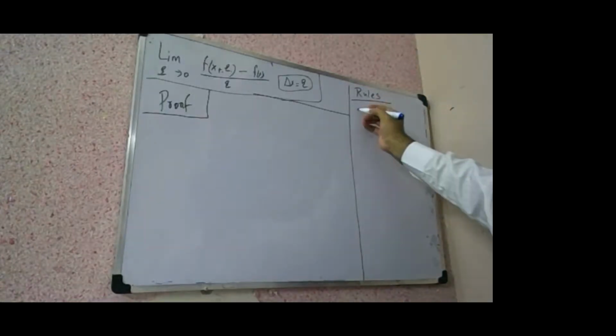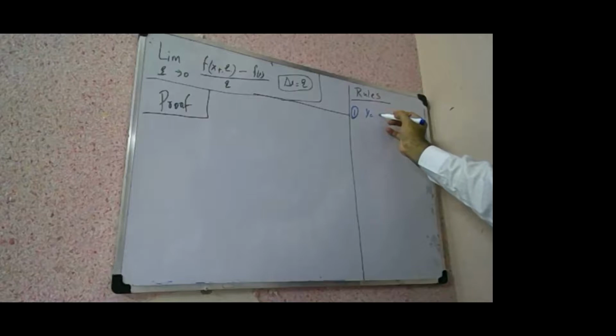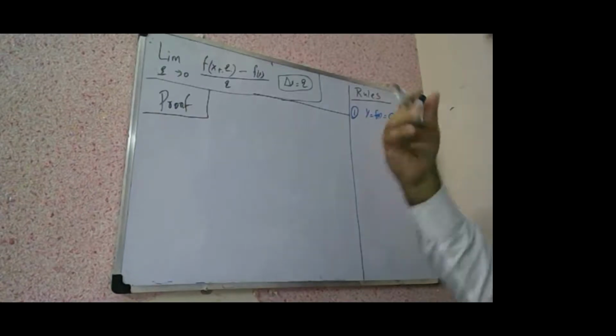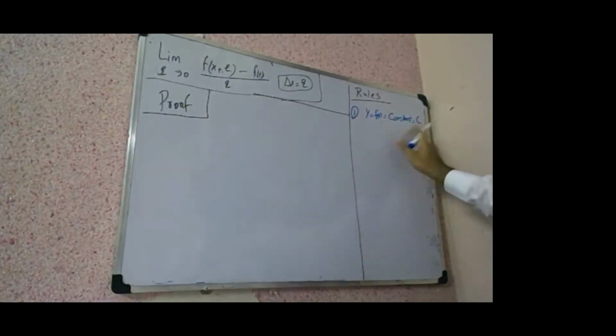Now our first rule is that if y equals function of x, which is constant, means c, means any number, 1, 2, 3, 4, 5, any number, right?